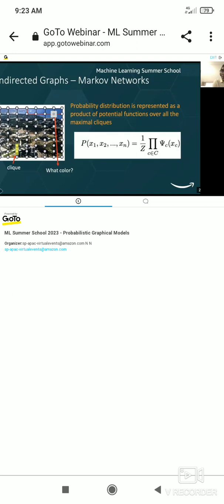For example, the image on the left is tiled into m cross n nodes, with each node connected to 4 of its neighbors with no directionality inherent. Here, instead of dealing with conditional distributions, we will make use of potential functions, chi of C, which are defined over a clique. A clique is nothing but a set of nodes that are connected to each other. So in this particular example, a clique is formed by any set of two nodes which are adjacent to each other.